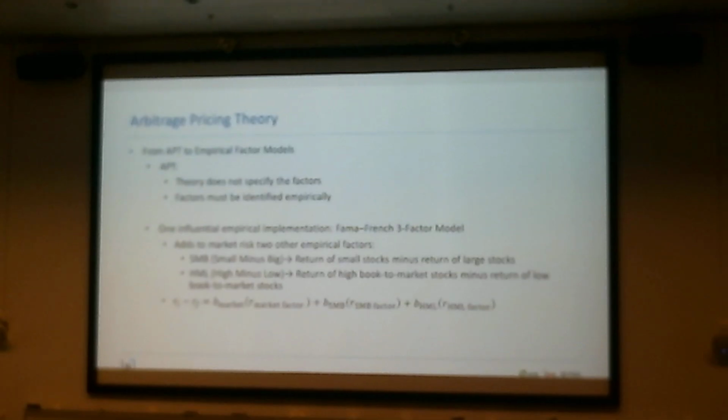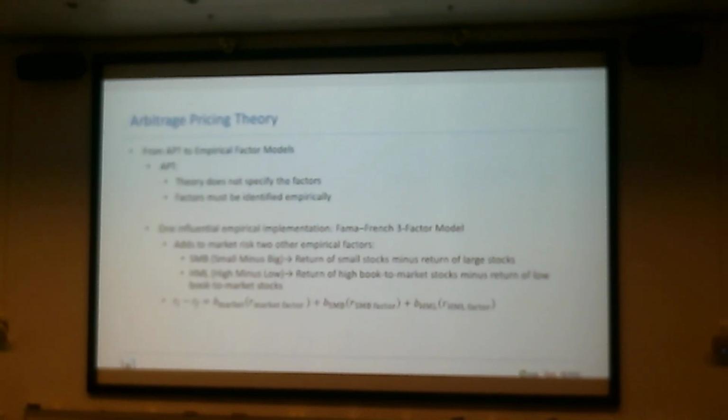It still remains very important. This is what we had in the CAPM. But they add two other factors, which are exactly the ones that I showed you on the last slide from the CAPM. So the small minus big factor and the high minus low. So again, the small minus big factor is the returns of small stocks minus the return of large stocks.